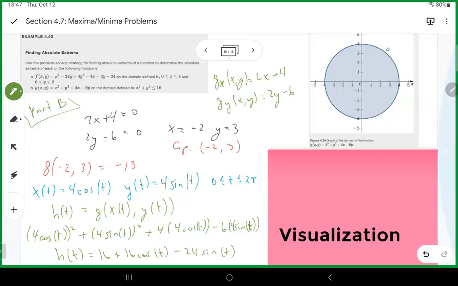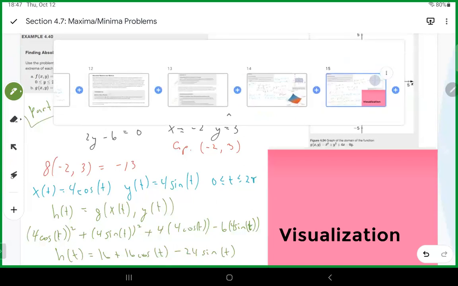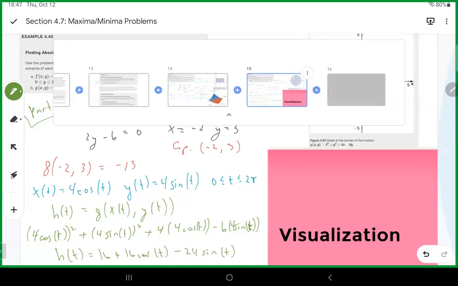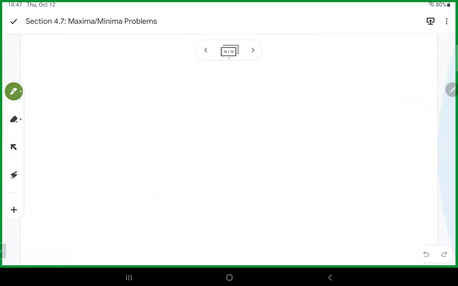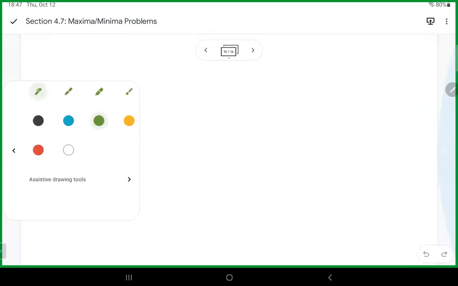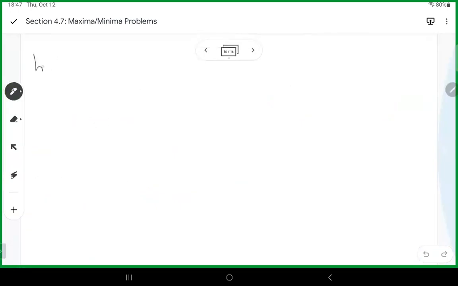All right, so we need another slide. So what we want to do next is we want to find h prime of t and set that equal to 0.